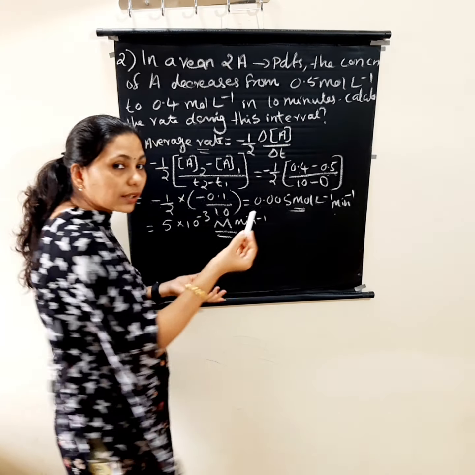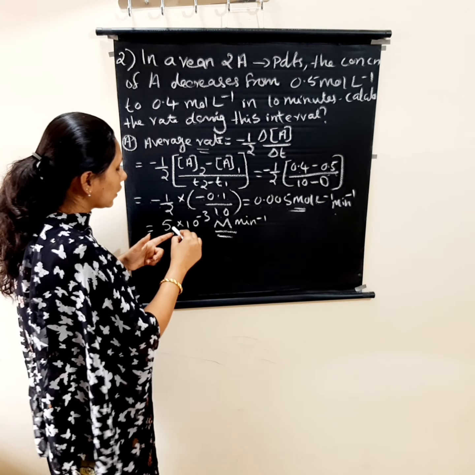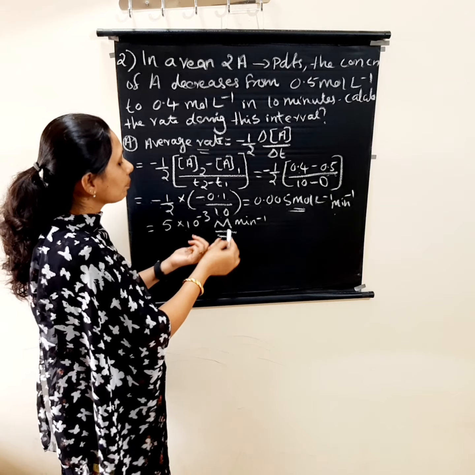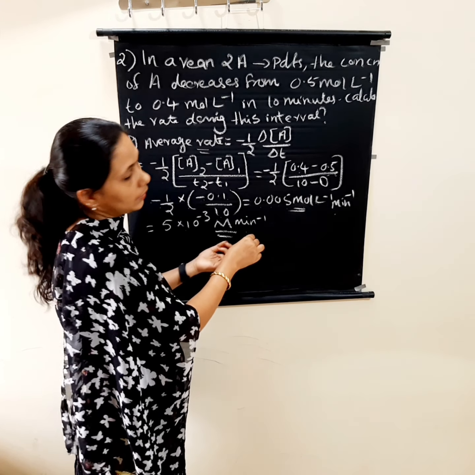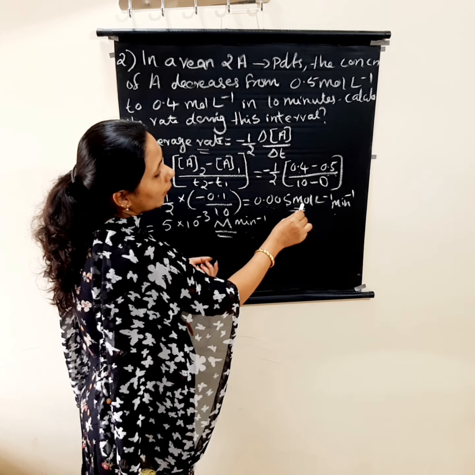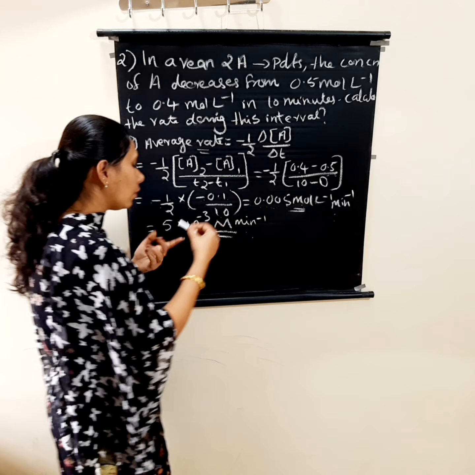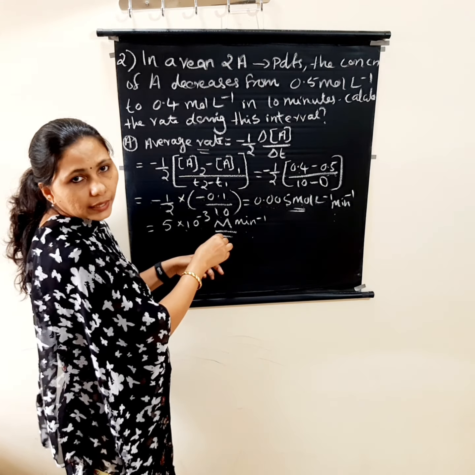Moles per liter we can write as molarity, capital M. So 5 into 10 raised to minus 3 M per minute, that is molar per minute. You can write 0.005 directly, not a problem, or rearrange.